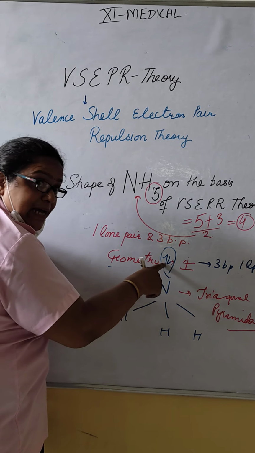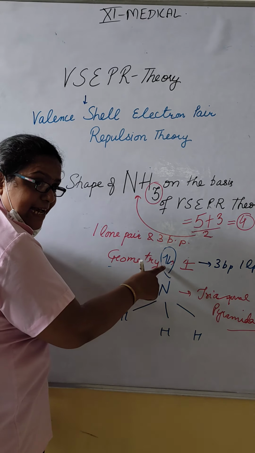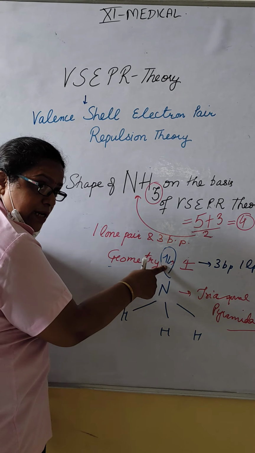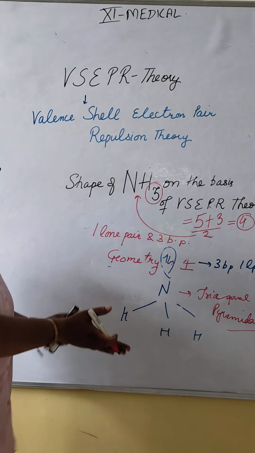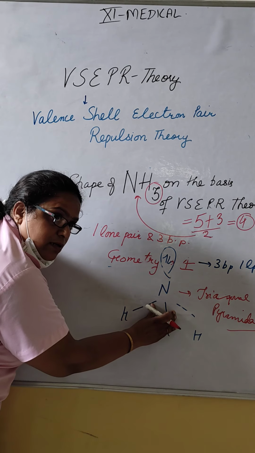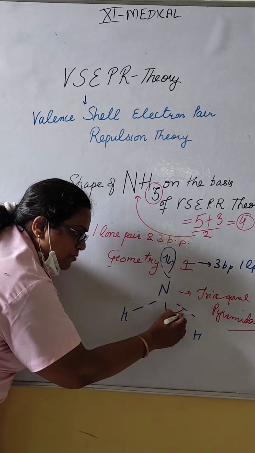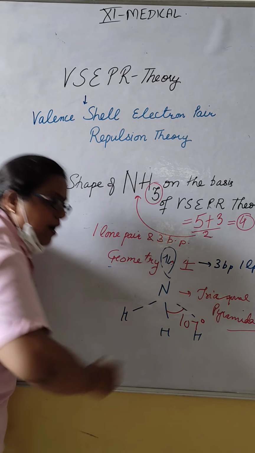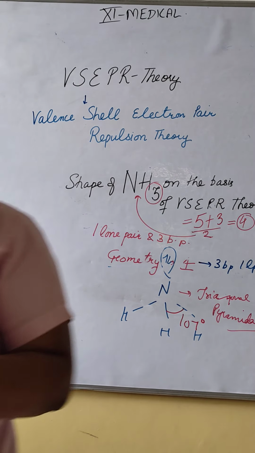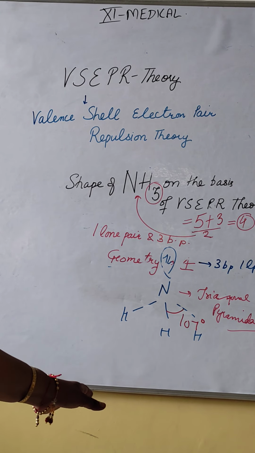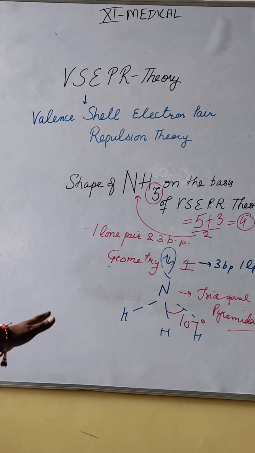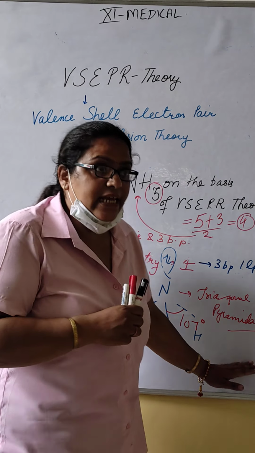But the next point, here one lone pair is present. This lone pair will repel these two bonds. If they are repelled, then they will come closer. So that's why the bond angle will be 107 degrees. It should be 109.5, but it is coming out to be 107 degrees.